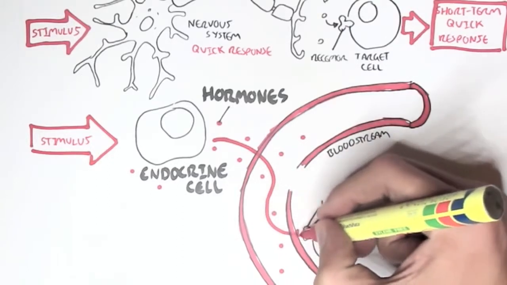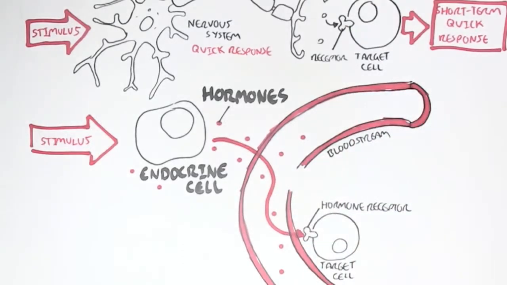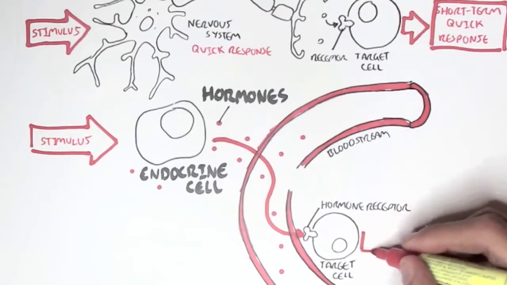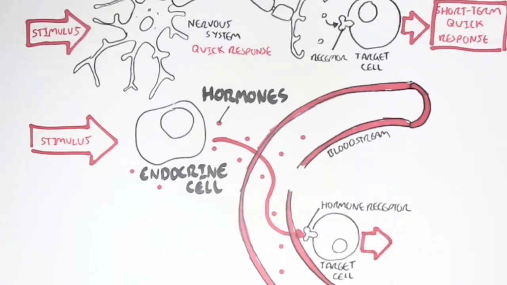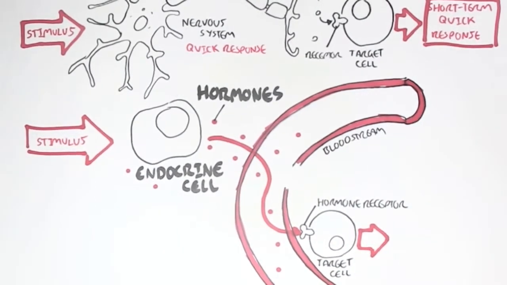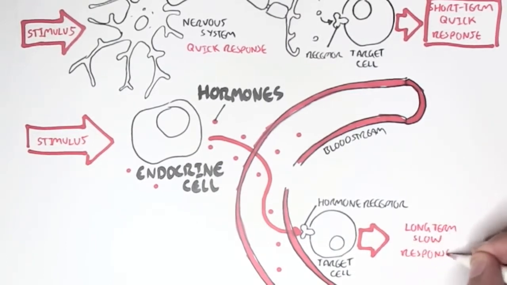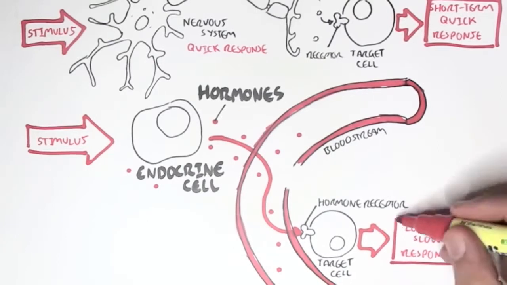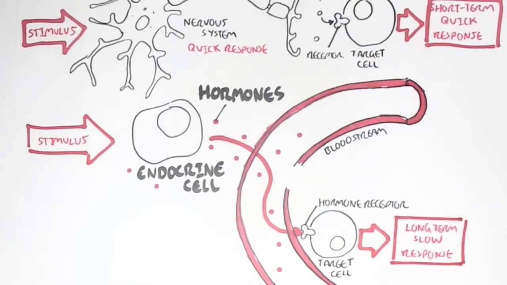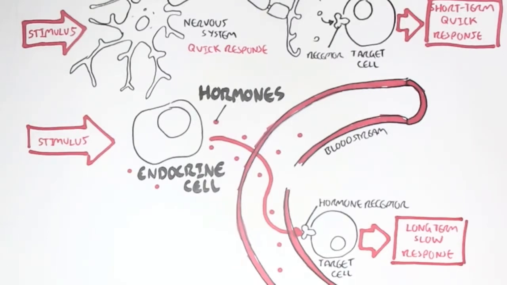These hormones will then target and bind onto a specific receptor on a target cell. This will cause the target cell to initiate a long-term, slow response. So that is a major difference: the nervous system is a short-term, quick response, whereas the endocrine system is a long-term, slow response.